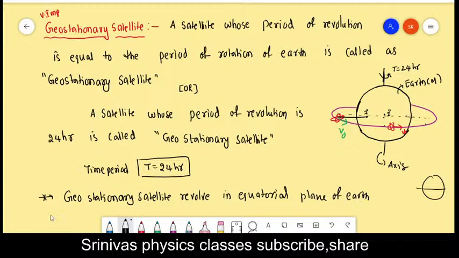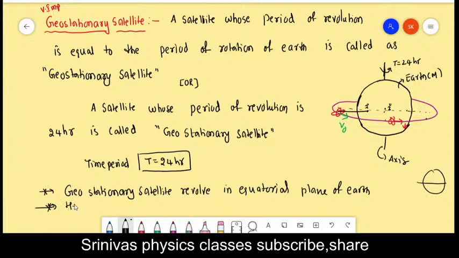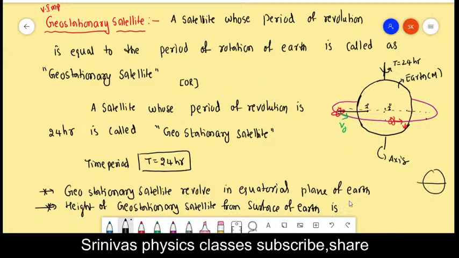What is the height of a geostationary satellite from the surface of Earth? It is nearly 35,700 kilometers.